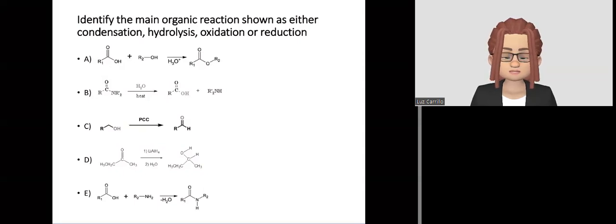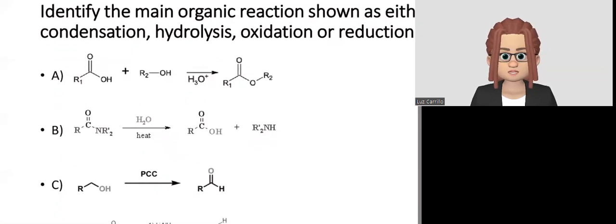Let's look at letters A through C. On letter A, in terms of the functional groups, we have a carboxylic acid and an alcohol.